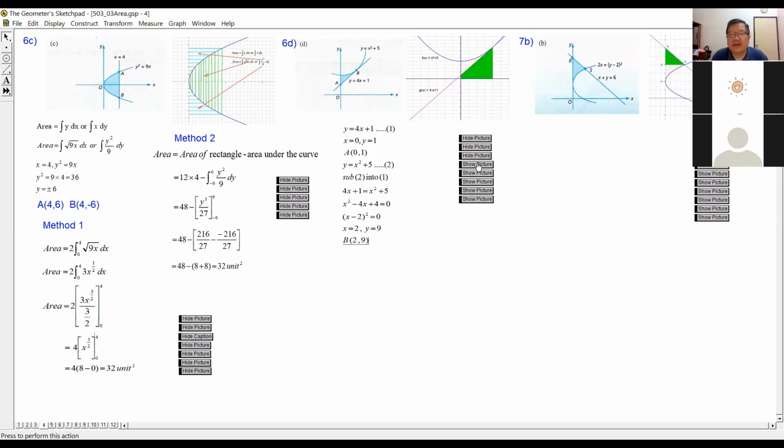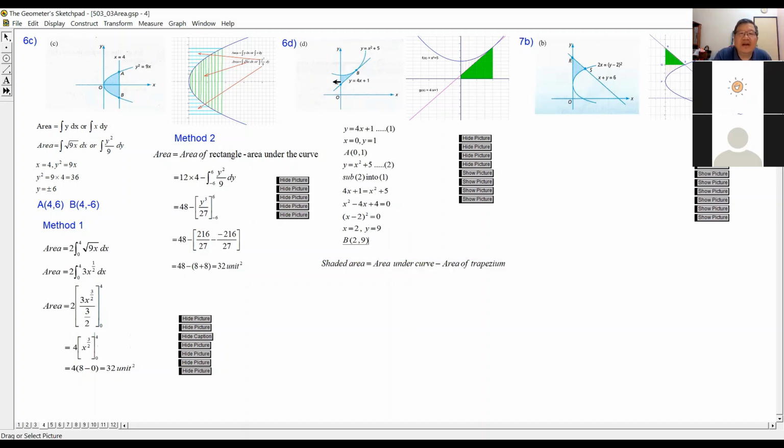Now, why should we find the point of intersection? Number one, because we want to know the upper and lower limit of the definite integral. Number two, we want to know the sides of the trapezium, right?